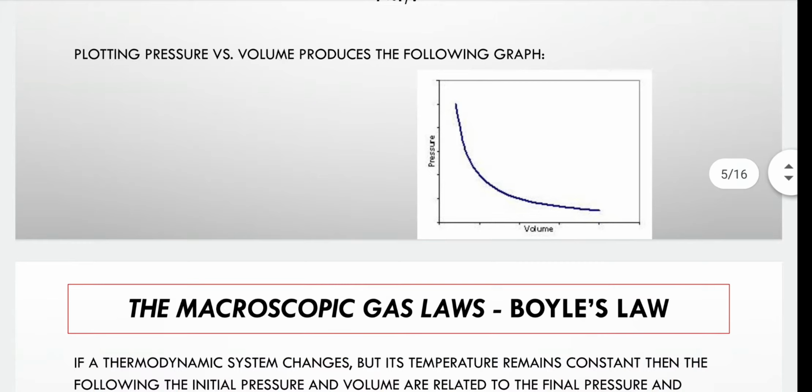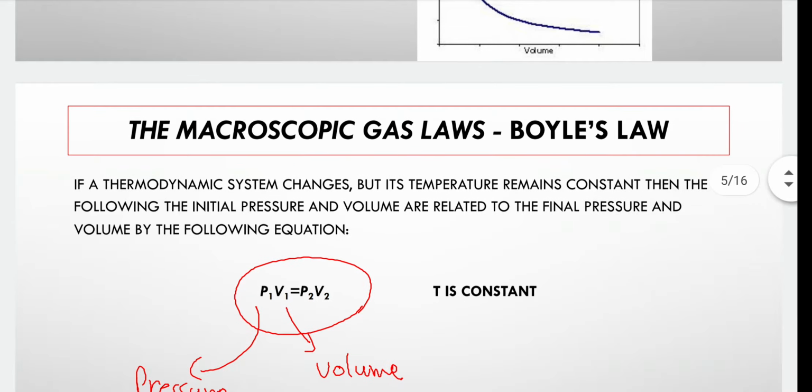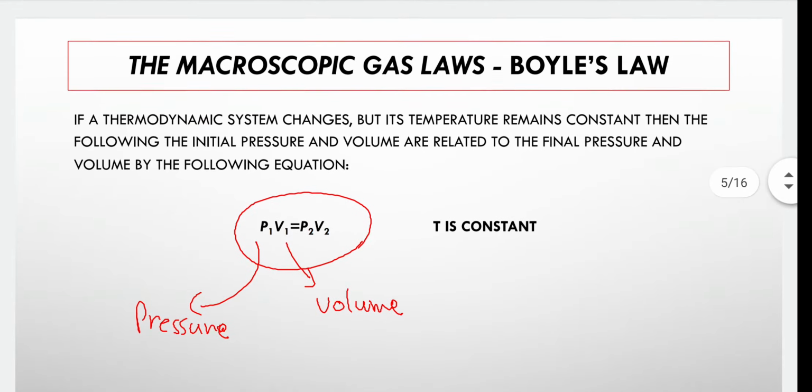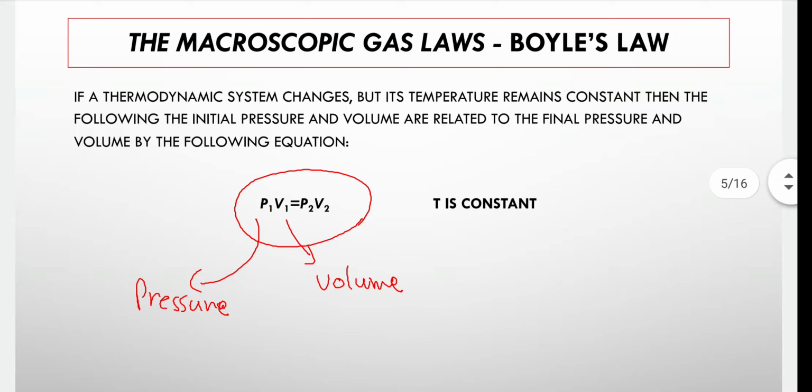So any graph that you draw, even from an experiment, gives you this slope, which means they are inversely related to each other. For Boyle's law, when a problem speaks about any thermodynamic system where there's a change between pressure and volume at constant temperature, you can calculate it by this: P1 multiplied by V1 equals P2 multiplied by V2.